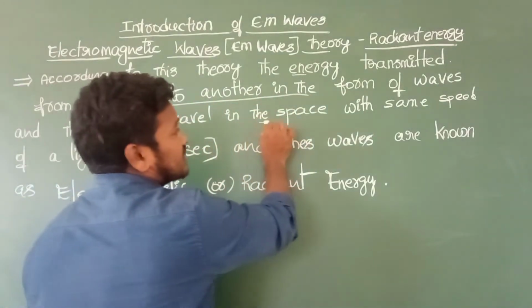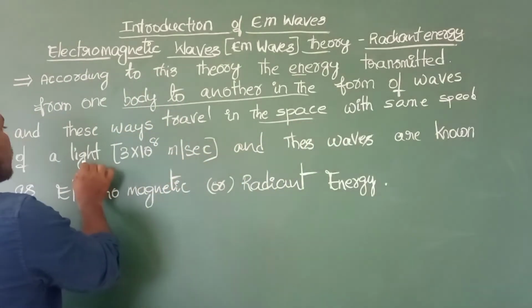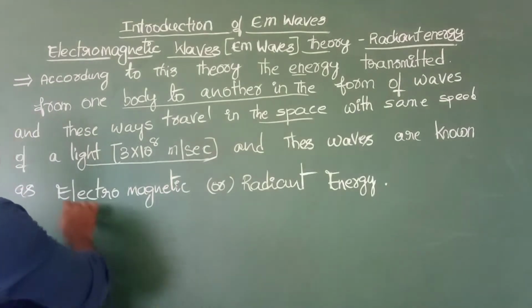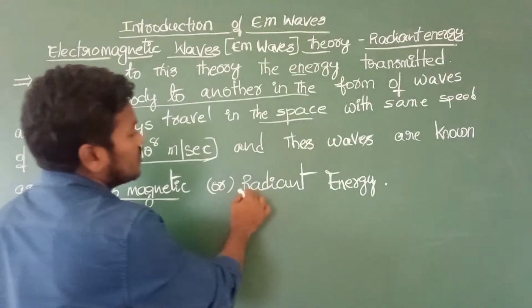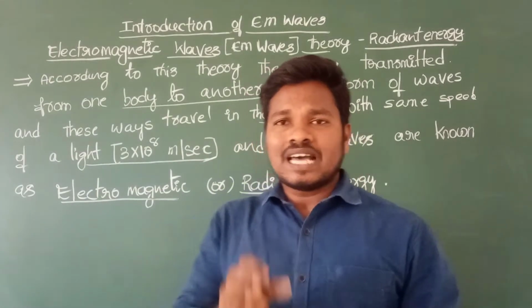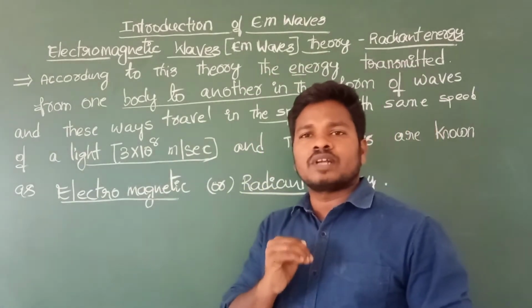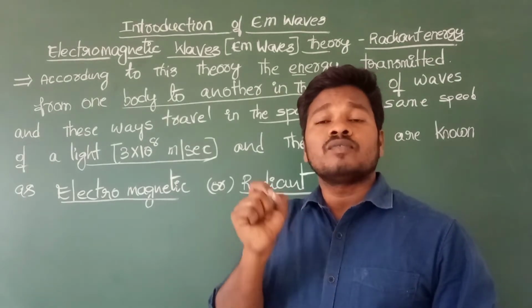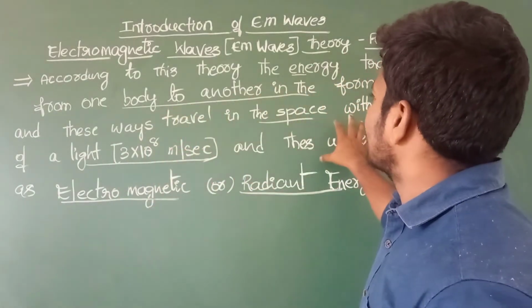These waves travel in space with the speed of light, that is 3 × 10^8 meters per second. These waves are known as electromagnetic radiation or radiant energy.